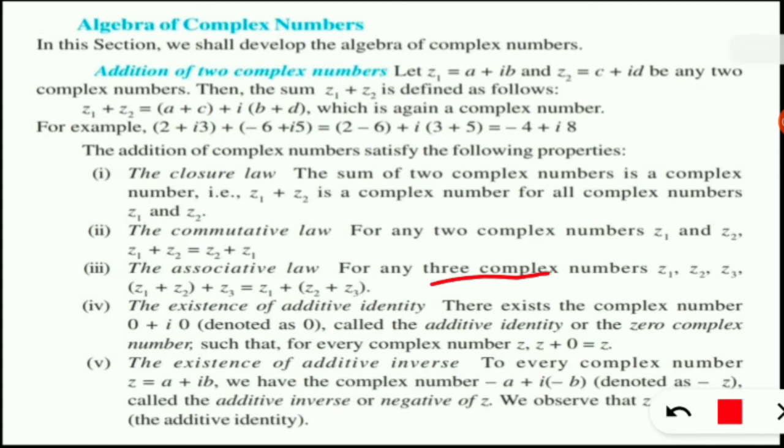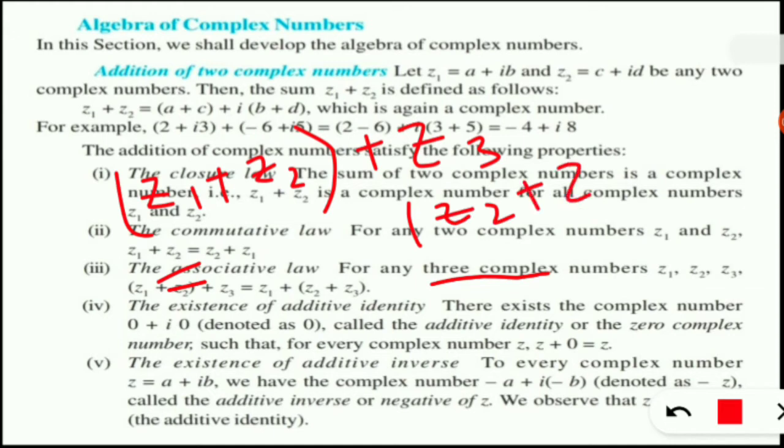That means if we first add z1 plus z2 and after that add z3, this equals first adding z2 plus z3 and after that adding z1.